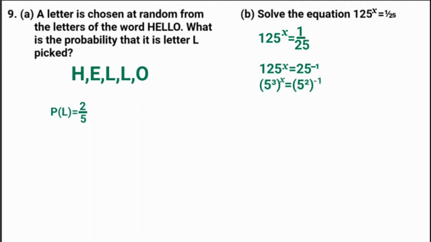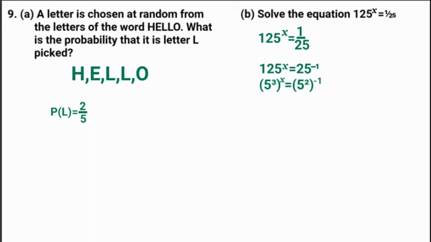When you look at the numbers in brackets, they have the same value as the numbers in the previous stage. So 125 and 5 raised to the power of 3 have the same value. The same applies with 25 and 5 raised to the power of 2.